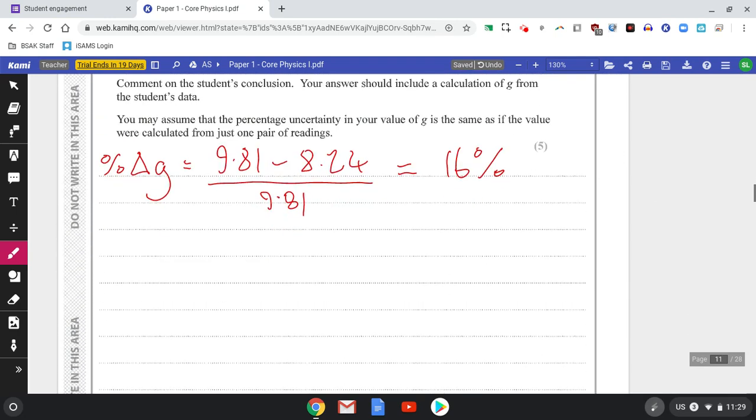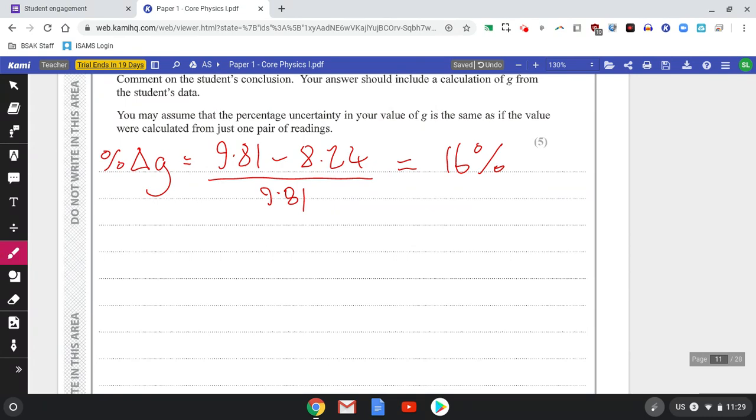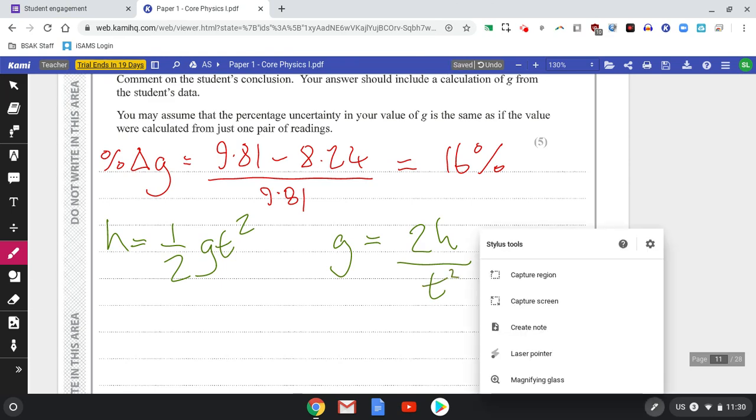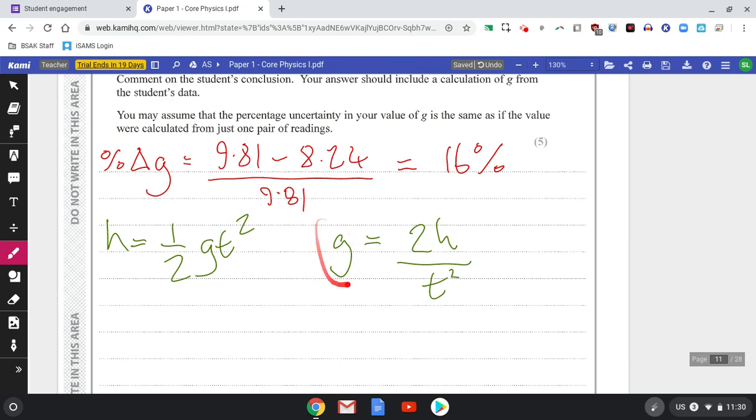Okay, let's start with that. So h equals a half g t squared. Going to rearrange this to make g the subject. So g is equal to 2h over t squared. We want to know the percentage uncertainty of this.